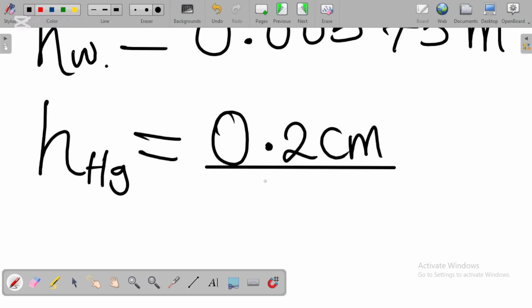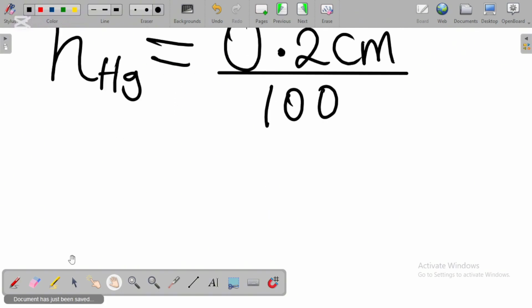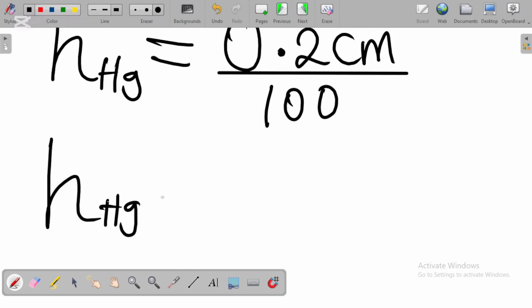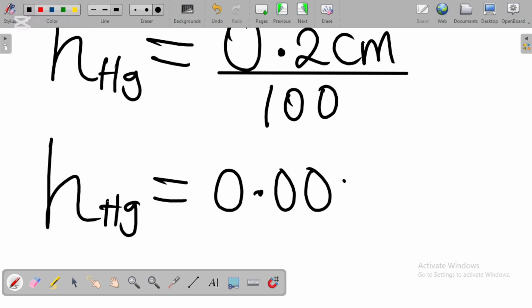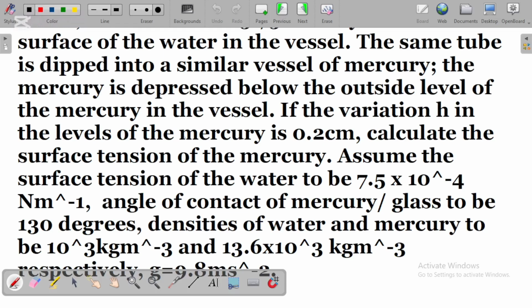If you convert from centimeter to meter, you divide by 100. So if you divide 0.2 cm by 100, H subscript Hg is equal to 0.002 meters.